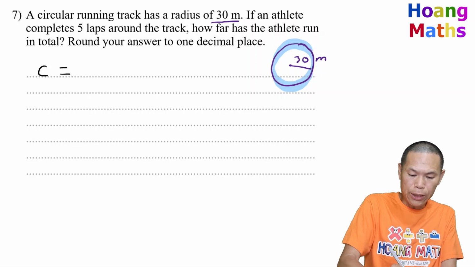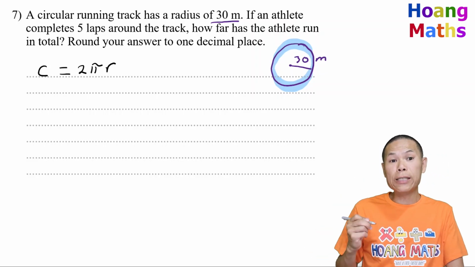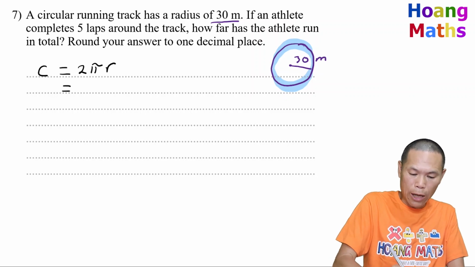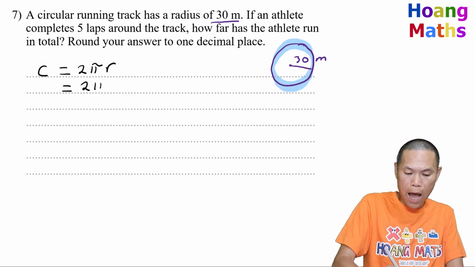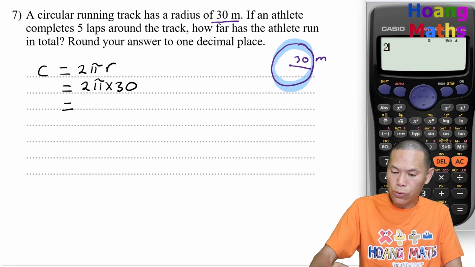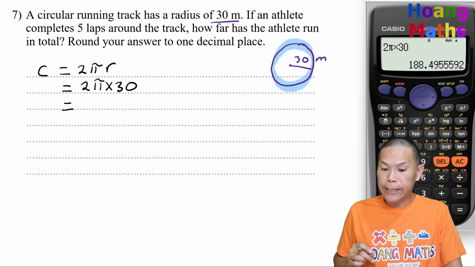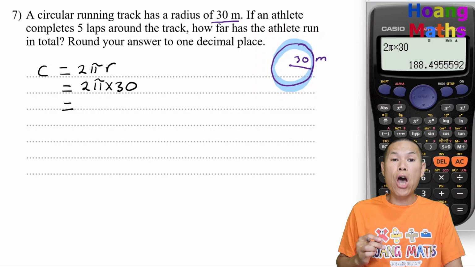Let me just start with the rule. Circumference is 2 pi times the radius, and the radius is 30. So that will give me 2 pi times 30. So there you go, 188.49, that will do.